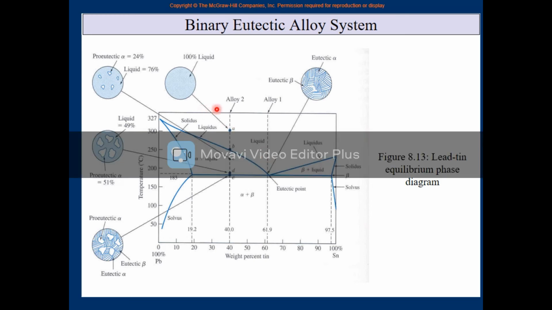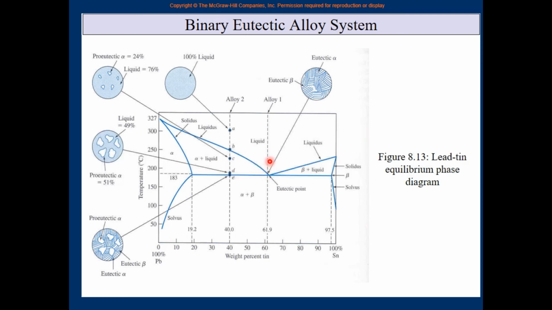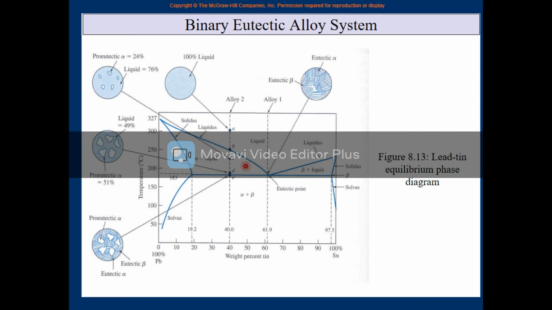So it always remains this, whether we are here or here or here. Suddenly, as we touch the eutectic line, the complete eutectic reaction takes place. All the liquid changes into eutectic alpha and beta. No pro-eutectic, so there are no small pieces like this.